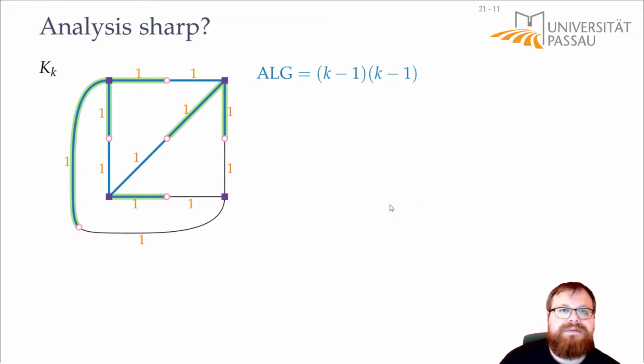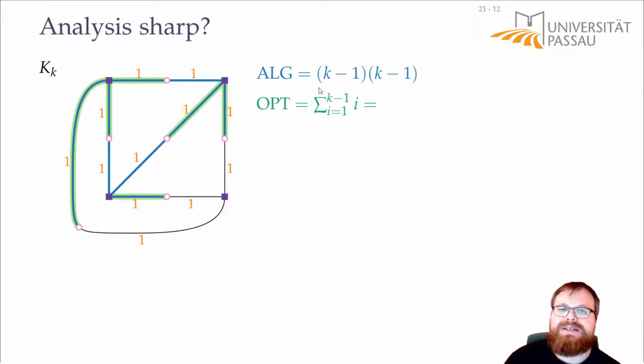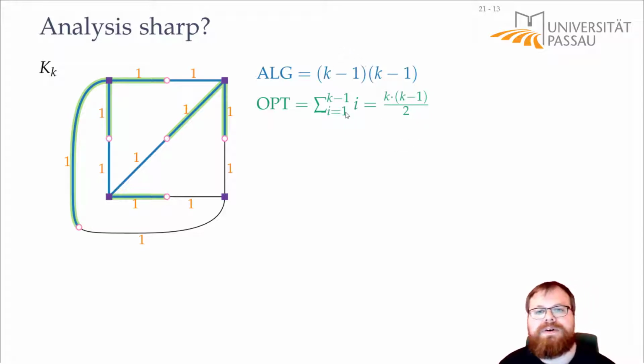So it is enough to pick the sum of i from 1 to k-1. So basically for the first one k-1, then k-2, then k-3, and so on. And this formula is k times k-1 over 2.